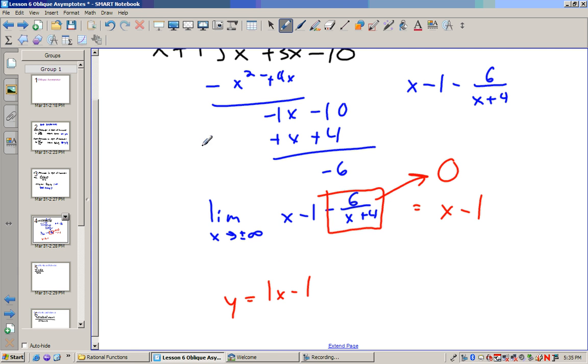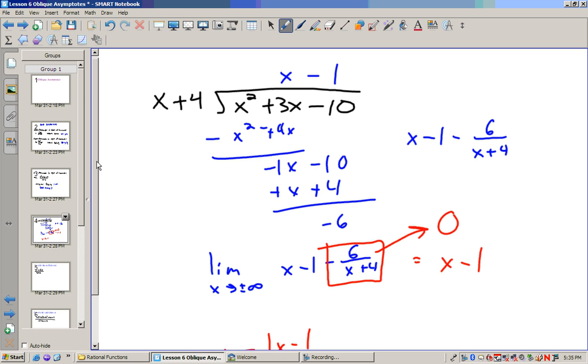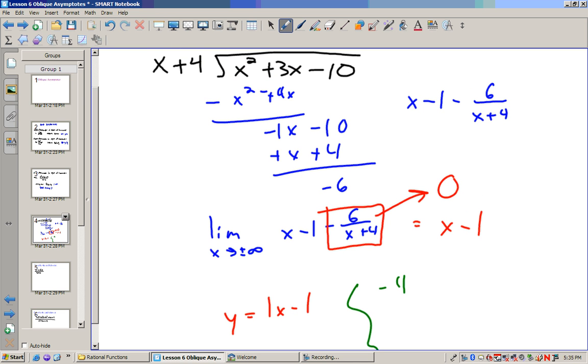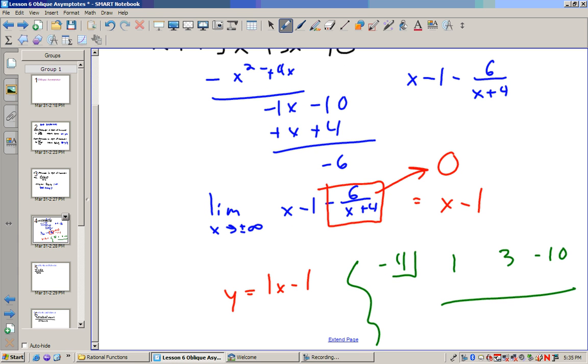Now another way we can do this without the polynomial division, since we're just dividing by a linear on this one, we could do synthetic division. So I'll do that quick over here. We'd put negative 4 in the box, and this would be 1, 3, negative 10. And this would be 1, negative 4, negative 1, negative 4, negative 14.